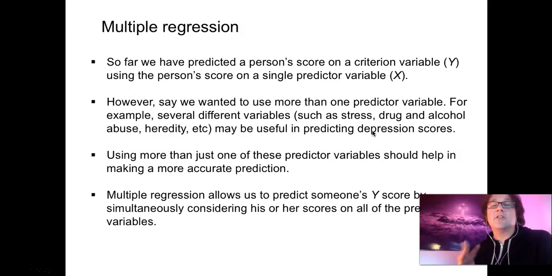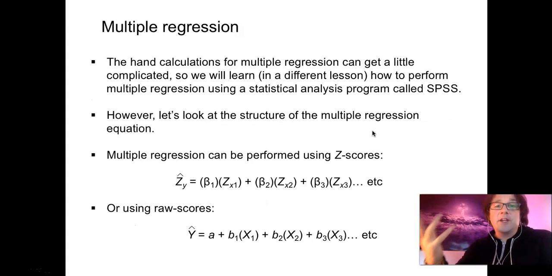So multiple regression allows us to predict someone's predicted y-score, in this case their depression score, by simultaneously considering his or her scores on all the predictor variables that we enter. So however many predictor variables we enter, we throw them into the model and we get a predicted y-score.